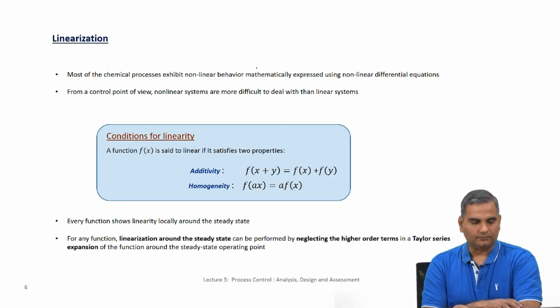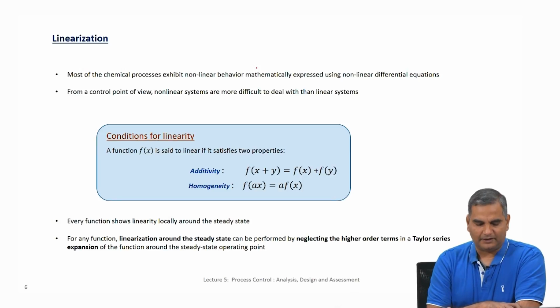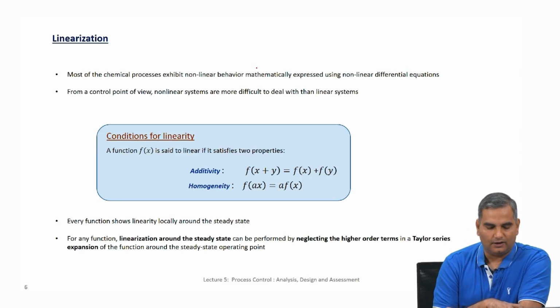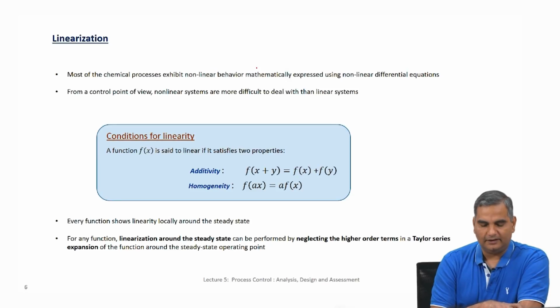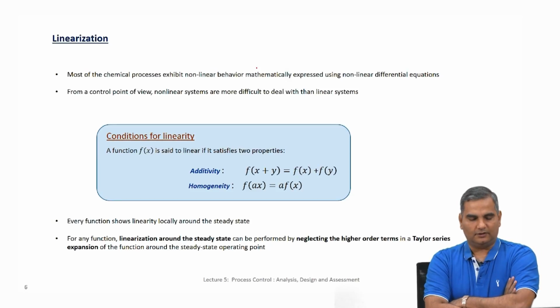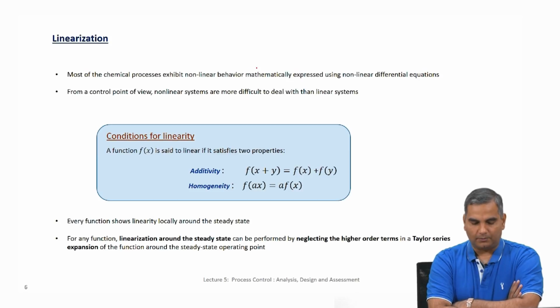Now, just a quick mathematical definition of when we call a function f(x) linear: when it satisfies these two properties. One is called additivity, which is if I take two variables and calculate the function of the sum of those two variables, then that should be equal to the sum of the functions when they are evaluated separately.